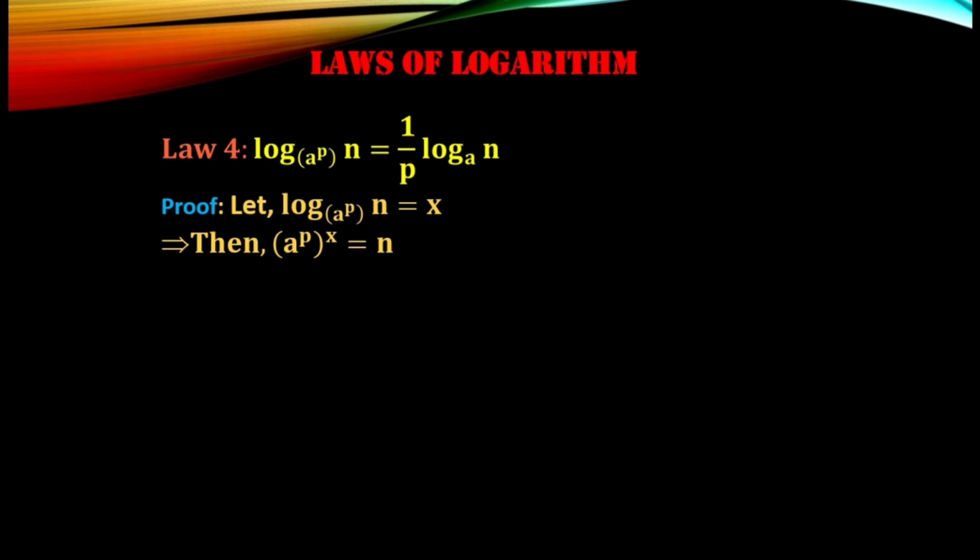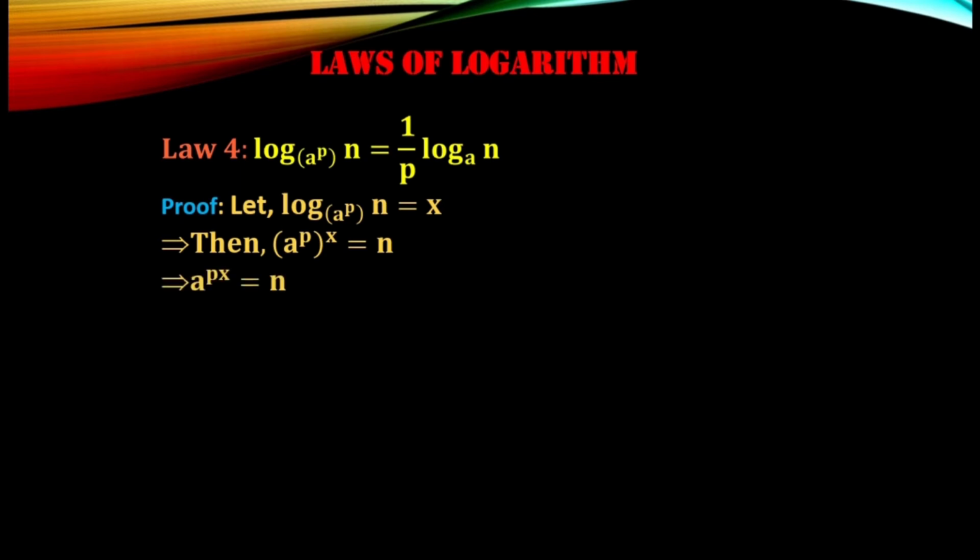This is the same thing which we have written. The concept is the same throughout in logarithm. We just need to apply a substitution and solve the equation, and nothing else is required.